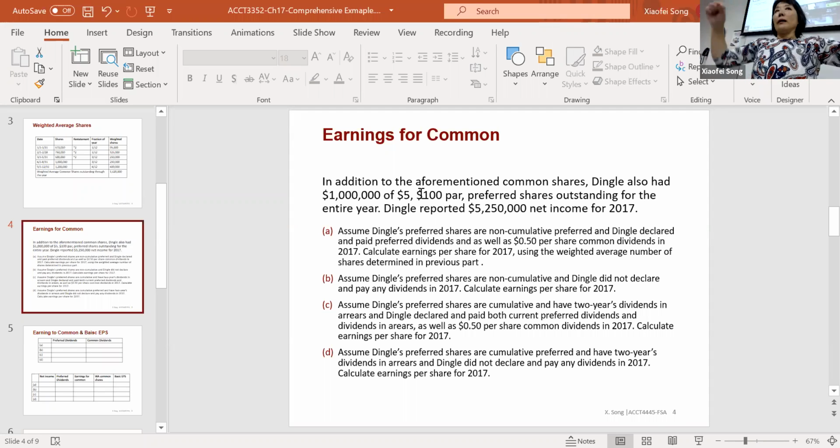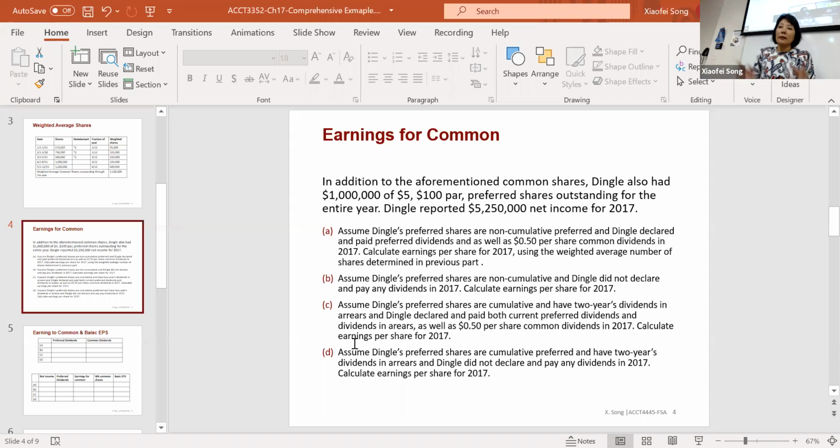So if you want to know on average how much each share was issued for, you add the 2 together, divided by the number of shares issued and outstanding. Now, there's no such thing in Canada because there's no par value. All proceeds from issued shares go into one line item. That's that. Okay, so we have that.